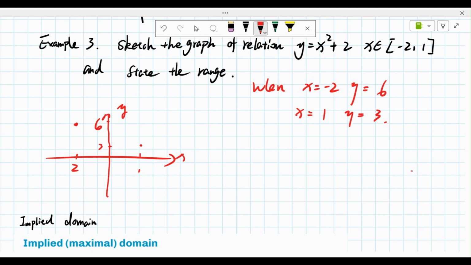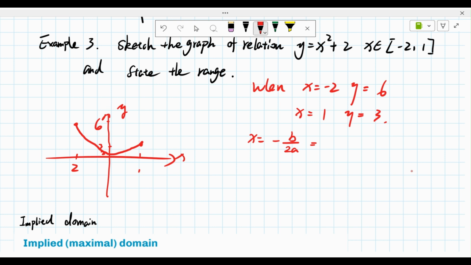Okay. Let's find out the minimum. So we could do finding the turning point, as I said, x equal to negative b over 2a, which turns out 0. So when x equal to 0, that's equal to 2, and we also quickly find out this is our turning point, which is going to be like that.